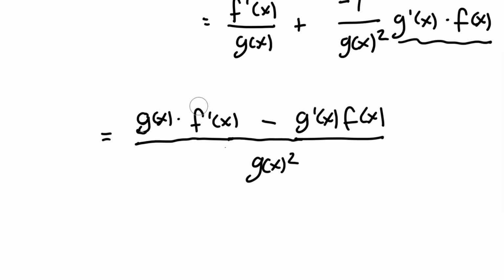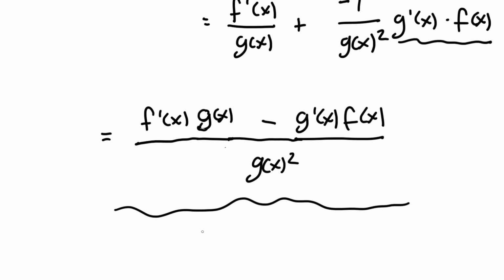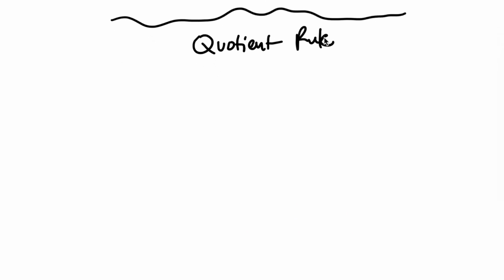And I think I had the order of these swapped, you know, and this, if you remember, is f prime g minus g prime f over g squared. This is the quotient rule.